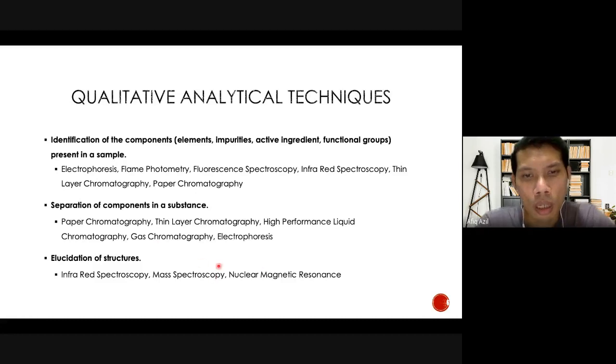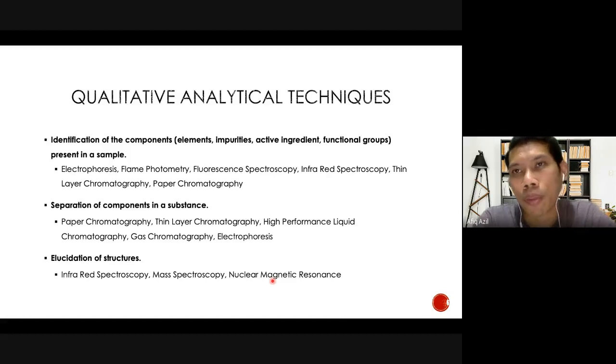So mass spec can tell you with regards to the molecular mass. And the NMR, there are several types of NMR. The most common will be proton NMR or H1 NMR and carbon-13 NMR. So proton NMR will tell you the number of hydrogen available in your compound, while carbon-13 will tell you the number of carbon available in the organic compound.